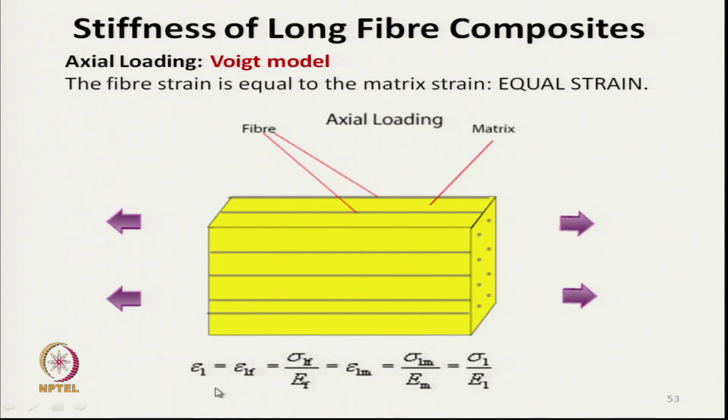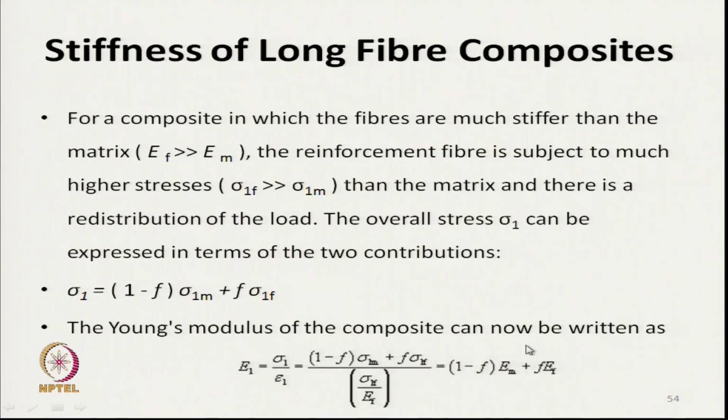So, epsilon 1 in the fiber direction is the axial elongation of fiber, which is the ratio of the stress by the modulus of fiber, which is equal to the elongation of matrix, the stress by modulus of matrix, and equal to the stress by modulus of the composite.